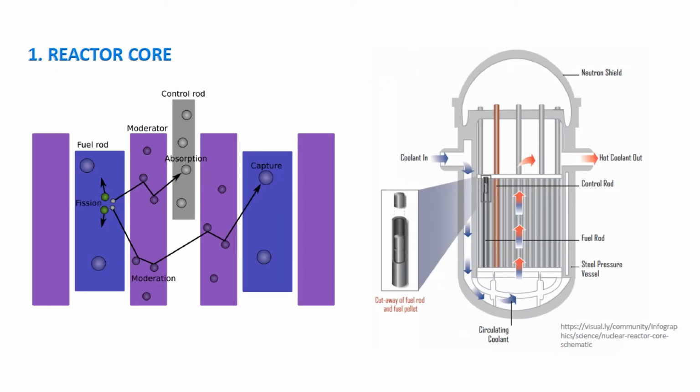So this is what is inside of your reactor core. You have your fuel rods and then your fuel pellet. And you have here your control rods and then your moderator.